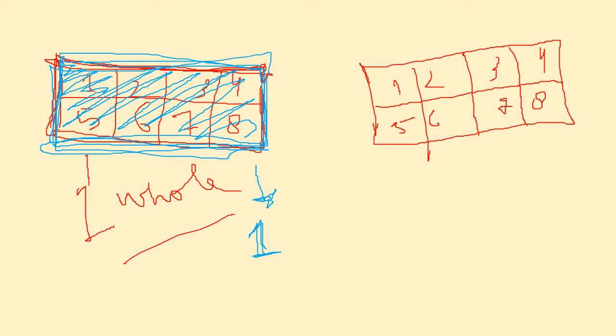Now I'm going to take only these two parts. I'm going to shade them. I'm going to take only these two equal parts of the rectangle from 8 parts.